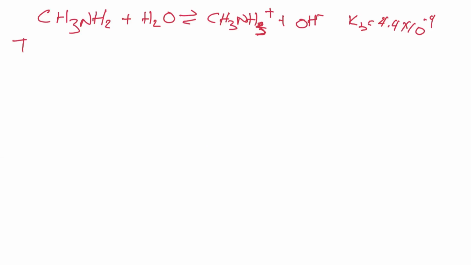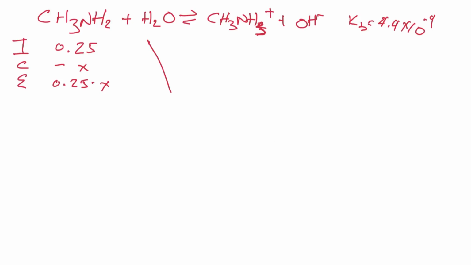To set this up, I'm going to create a little ICE box. The I is the initial, C is the change, E is the equilibrium. The initial concentration of the methylamine is 0.25. This is going to go down over time by a certain amount x, so at equilibrium it's 0.25 minus x.